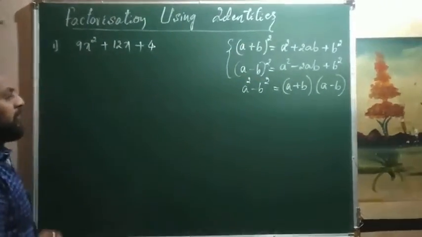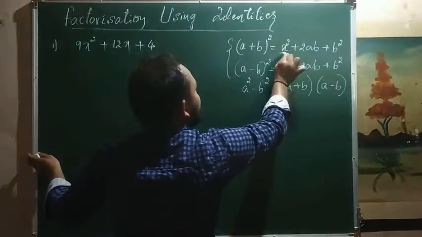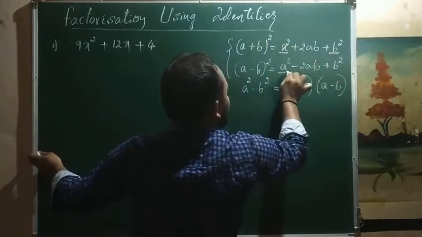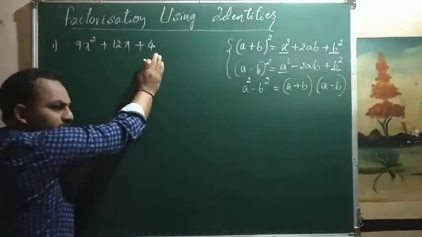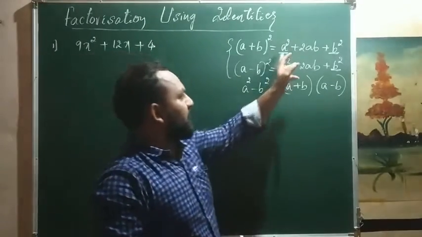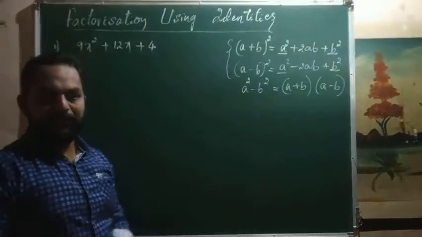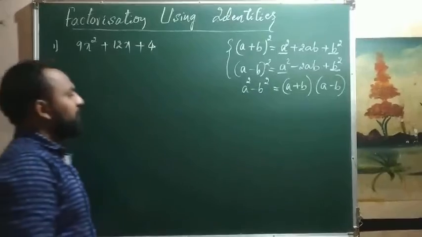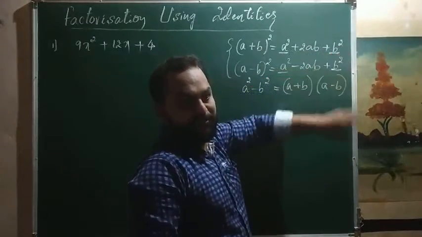Next, here the first and third terms, the first term, second term and third term. The first and third terms are perfect squares. The first term is a square and the third term is b square.